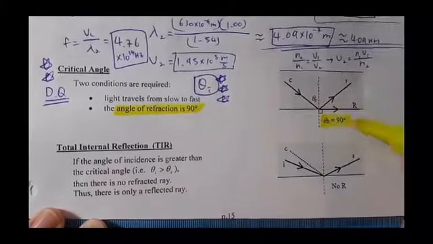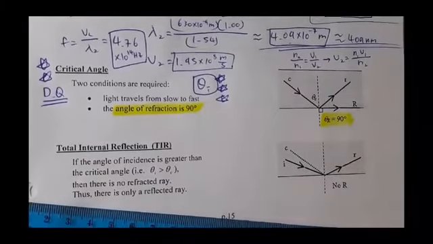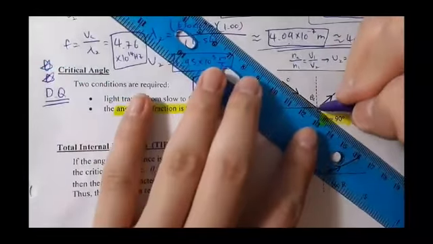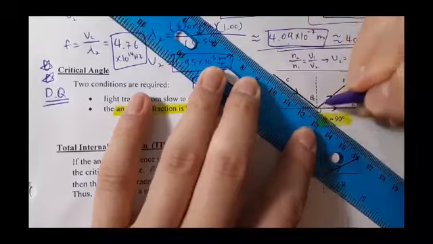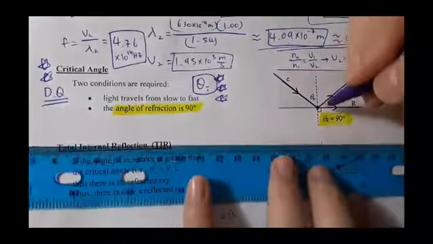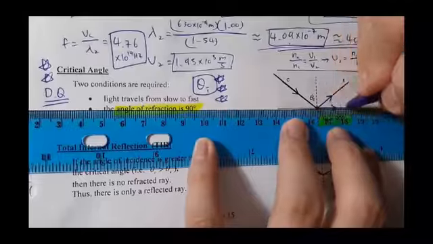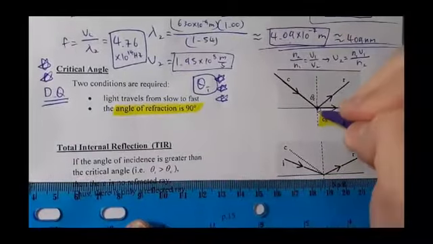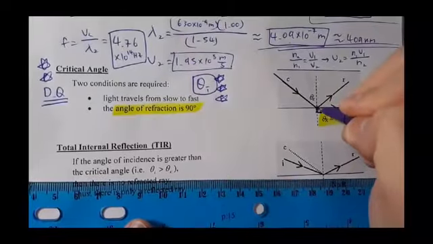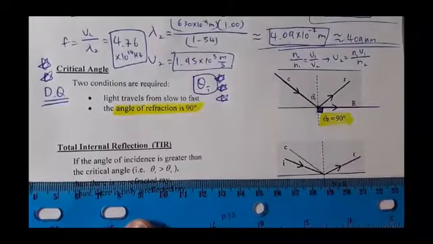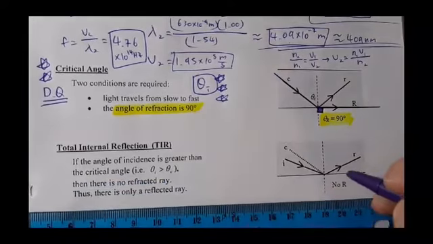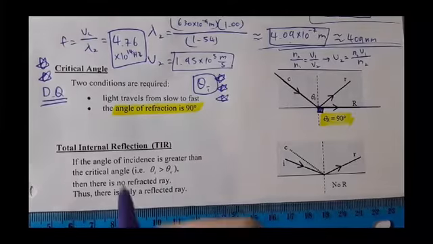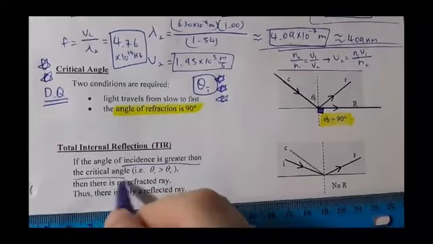So my incident radiation comes in at an angle, but after hitting the surface between medium 1 and 2, it goes straight along the surface. There's no bigger angle than 90 degrees for the refraction actually. If it's more, then we call it internal reflection. This is the part where the incident angle is greater than the critical angle.